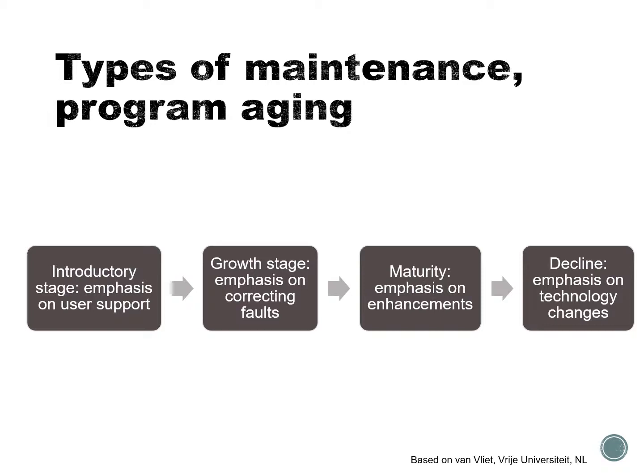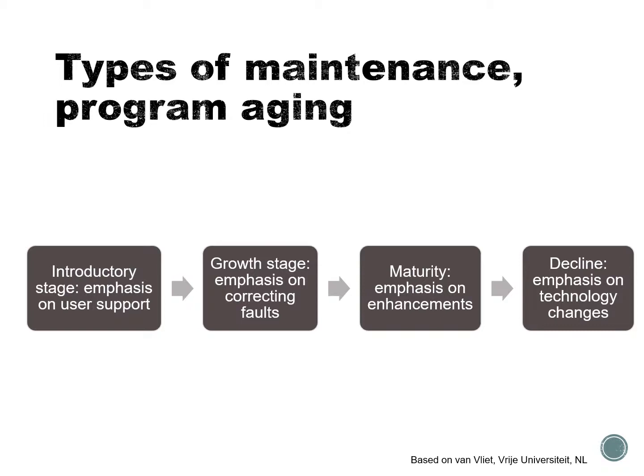So, when we entered the last part of the course, we were talking about the different maintenance stages. Programs age. Of course, it's not the source code which ages, because it's just instructions and formulas to complete different things, but it's clearly observable in all products that there are different stages. When the product is introduced, we try to emphasize user support.